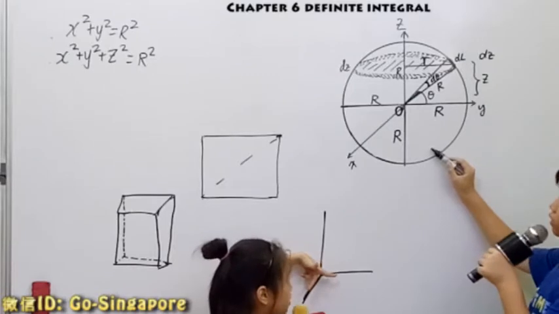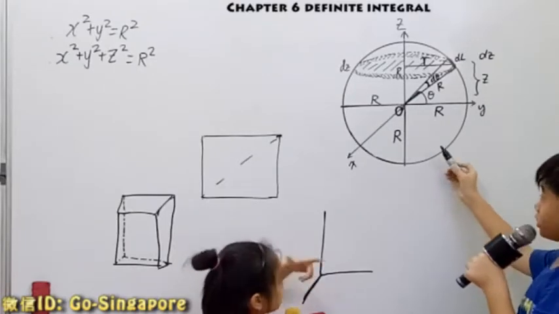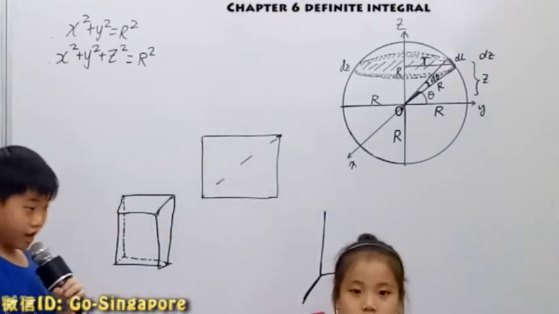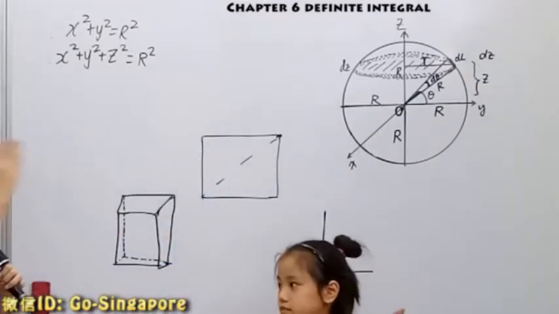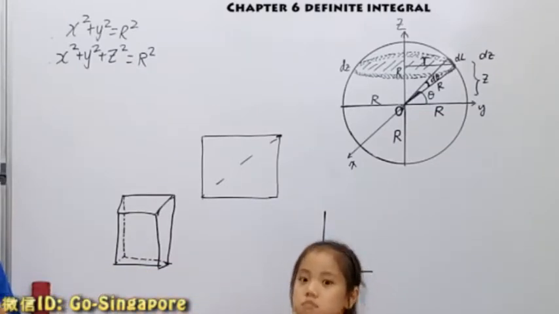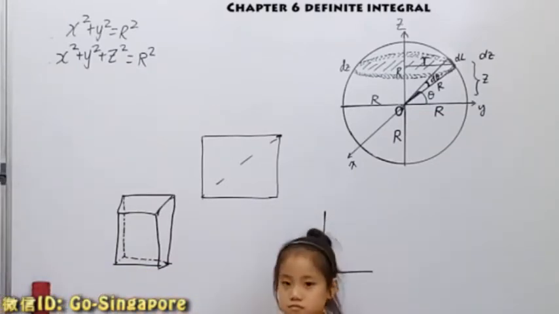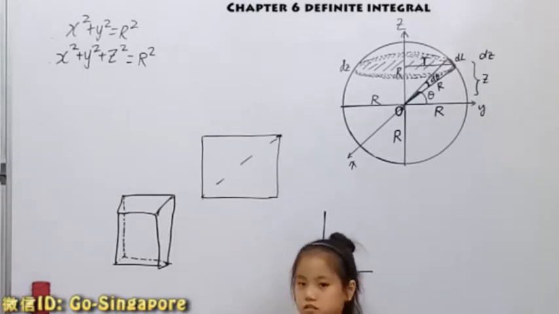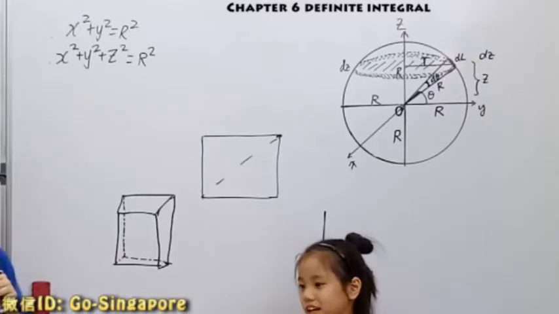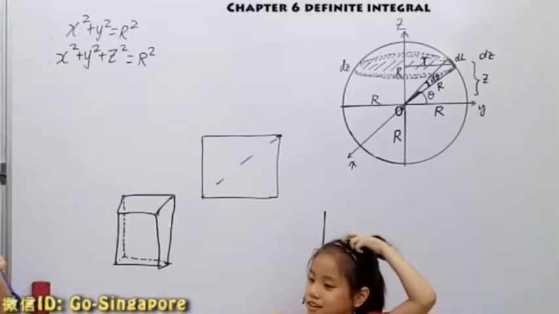After that, when you have the z, it goes up. This is the x-axis, this is the y-axis, and this is the z-axis. X, Y, X, Z, Y, Z.